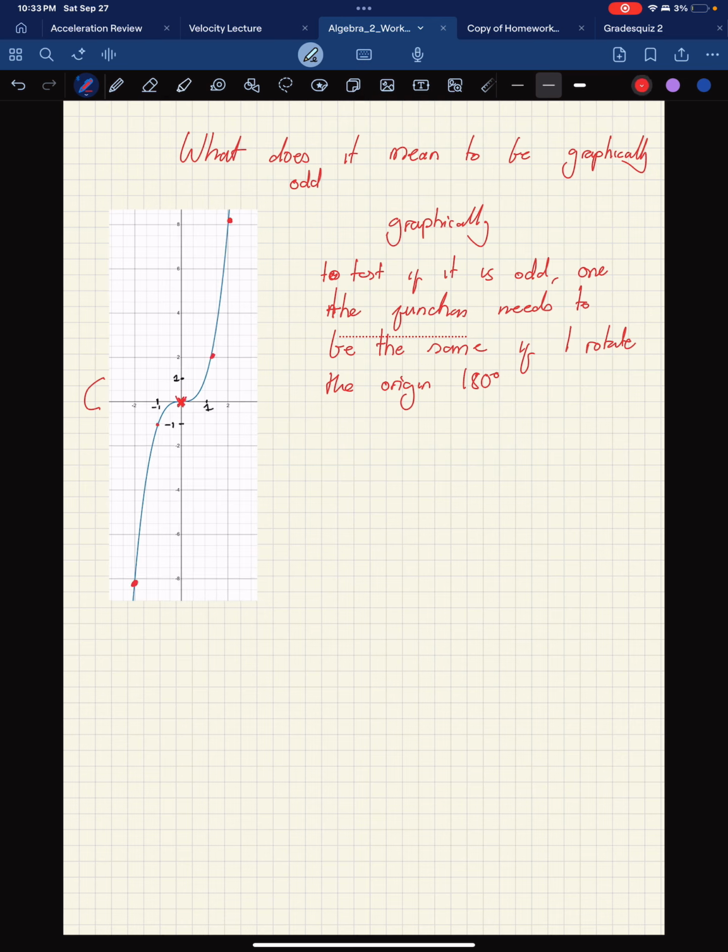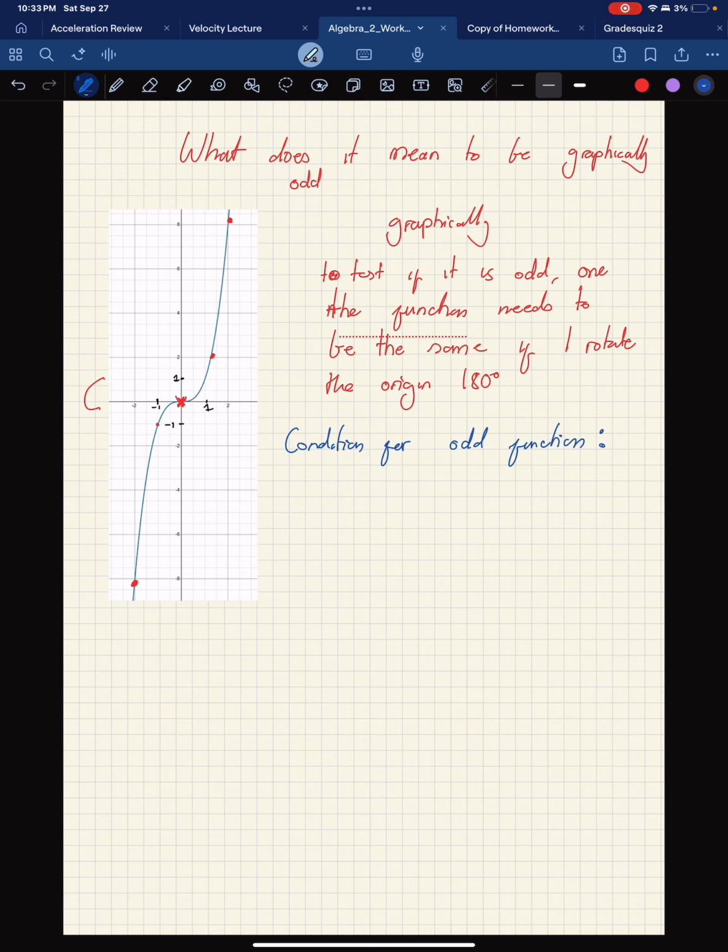Okay, so now let's again remember the conditions for an odd function. The conditions are basically what the function needs to satisfy for us to call it odd.